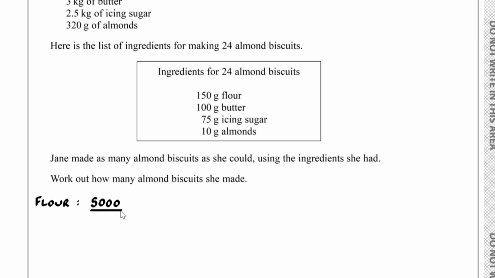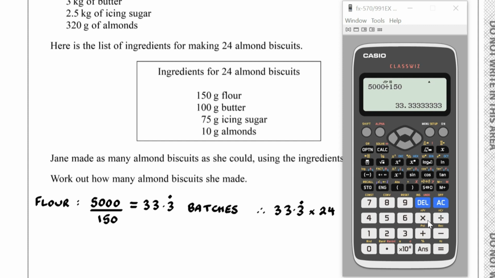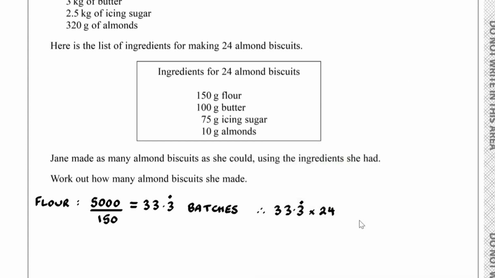So if I divide this amount by 150, what we end up with is 33.3 recurring. So this is how many batches of 24 we can make. And therefore, what I need to do is multiply this 33.3 recurring by 24, and it turns out I get 800. So if I just think about how much flour I have, I can actually make 800 biscuits.